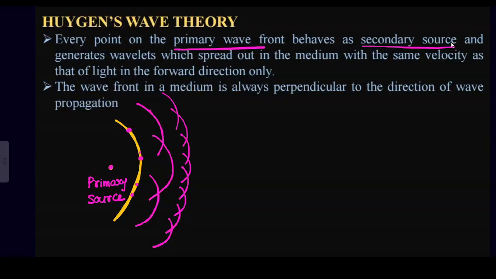This also will behave like a source and generate wavelets, which spread out in the medium with the same velocity as that of light in the forward direction. This is the Huygens wave theory.